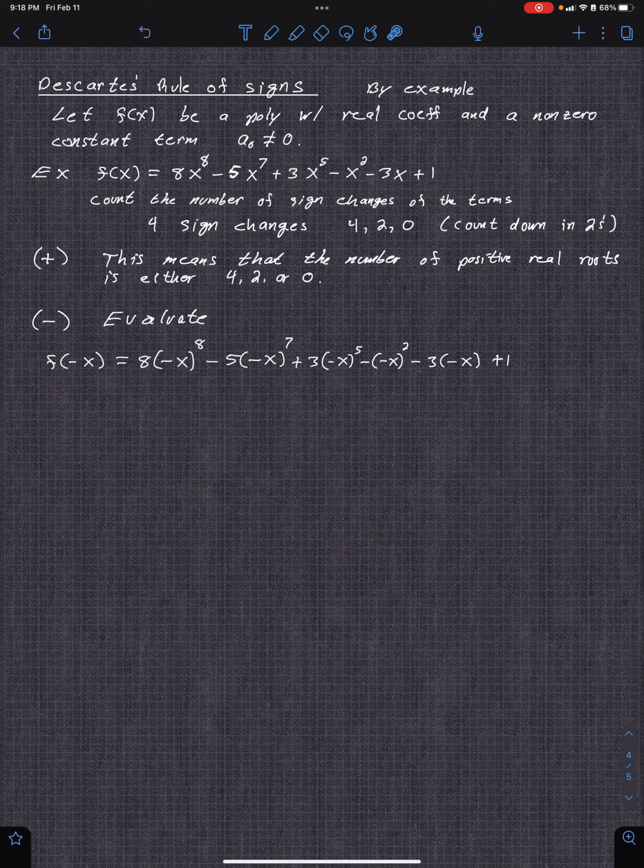You're really just going through and saying that's going to be negative, that's going to be positive, that's going to be negative, that doesn't change, that's going to be positive. So you get negative 8x to the 8th plus 5x to the 7th minus 3x to the 5th minus x squared plus 3x plus 1.